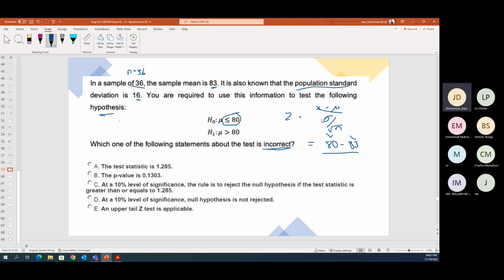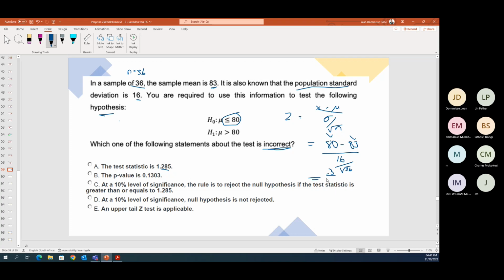We have standard deviation as 16 and n as 36. Okay, so 80 minus 83 is going to be minus 3. So I'm feeling this one is going to be incorrect. 16 divided by the square root of 36 is 6.